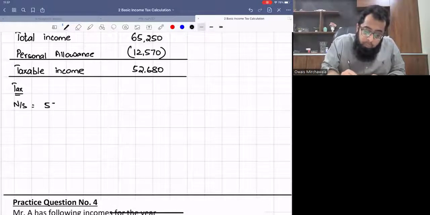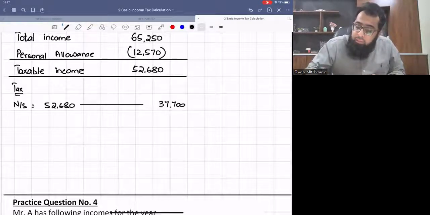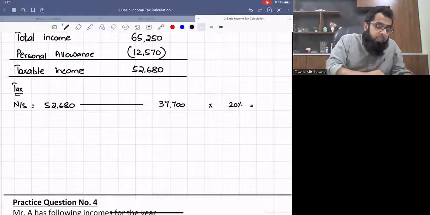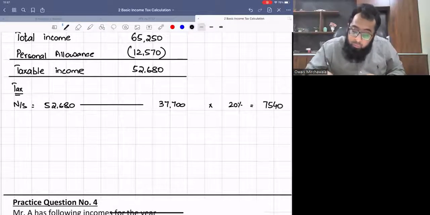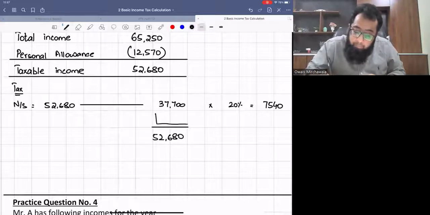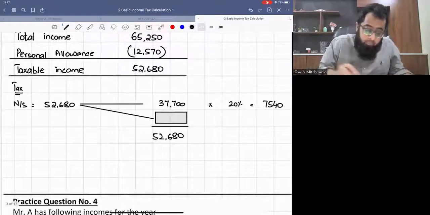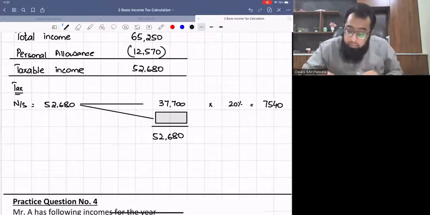Non-savings income 52,680: up till 37,700, the rate of tax is 20%. So 7,540. On the remaining 14,980, the rate of tax will be 40%, 5,992.